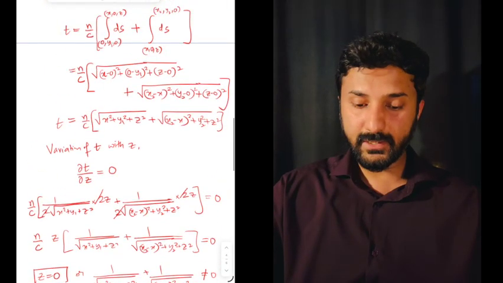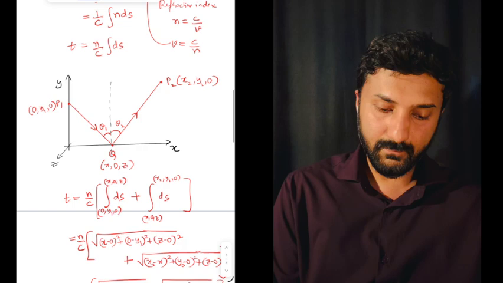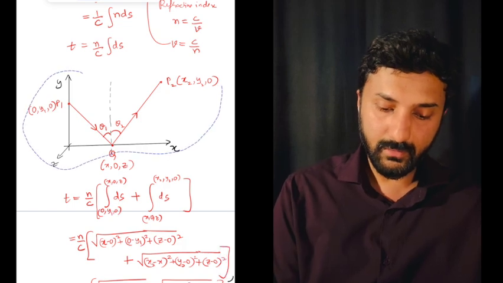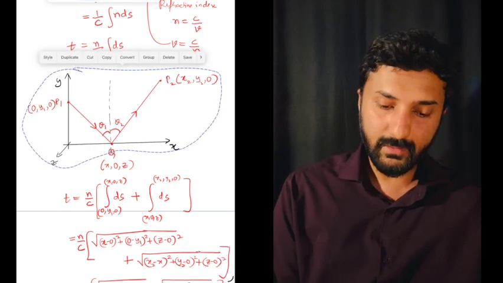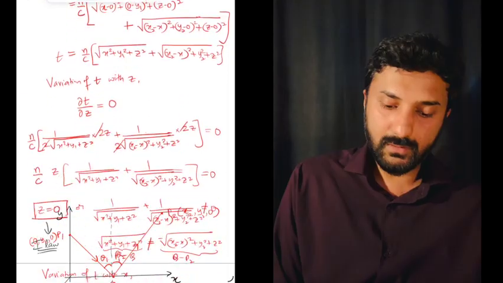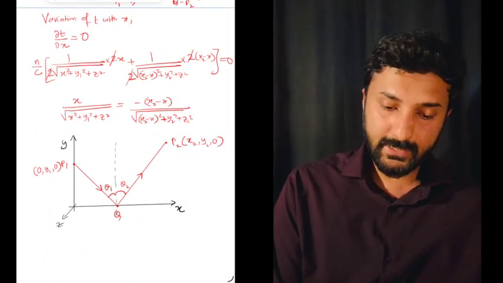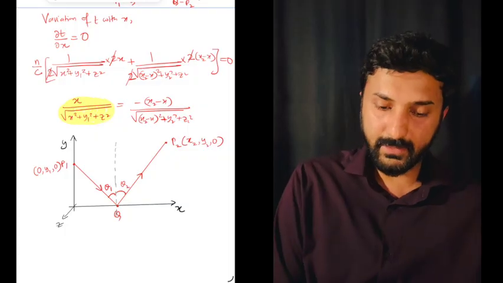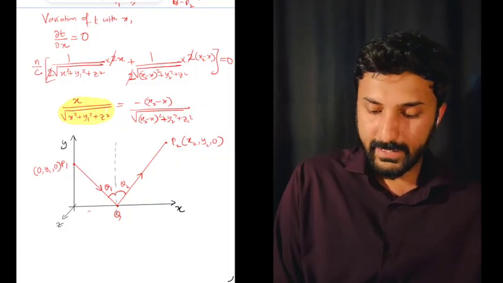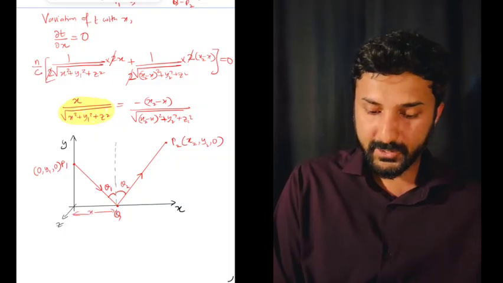So let me redraw the figure, or rather bring this figure here so that we can analyze it. Let me bring it down. And what you notice here is this left hand side, x divided by this, is nothing but, this is the x, and the hypotenuse is going to be square root of all of that.